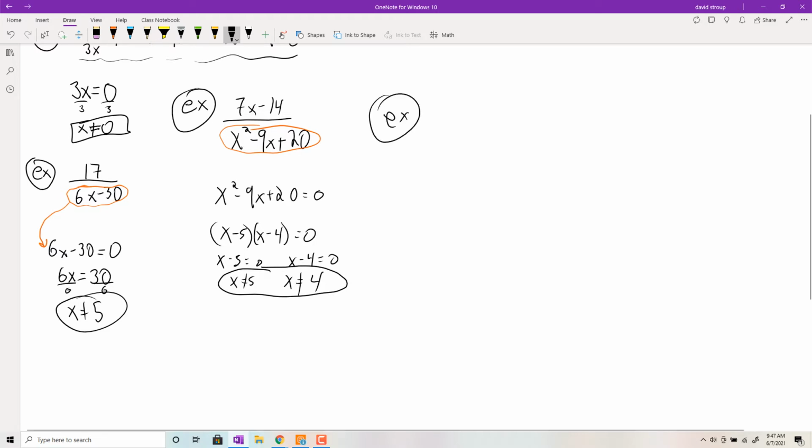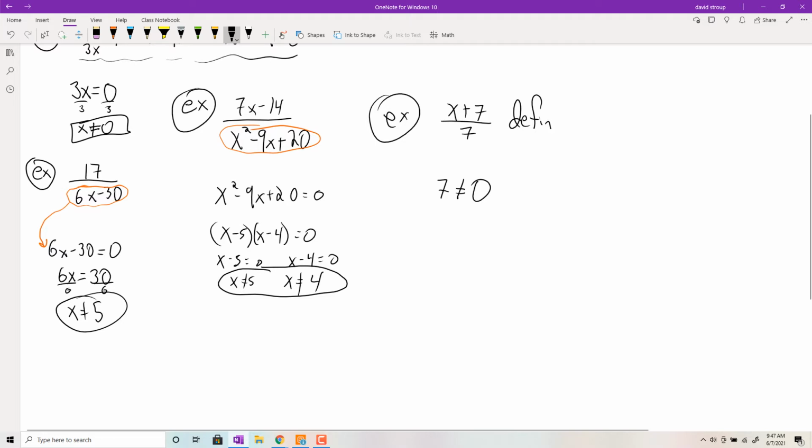They'll try to trick you every once in a while. So this one is a tricky one. If there's no variable in the denominator, you don't have an issue. If you try to think of it as take the denominator and set it equal to 0, well, the denominator is never going to equal 0. So what do you put for your answer? This thing is defined for all real numbers.